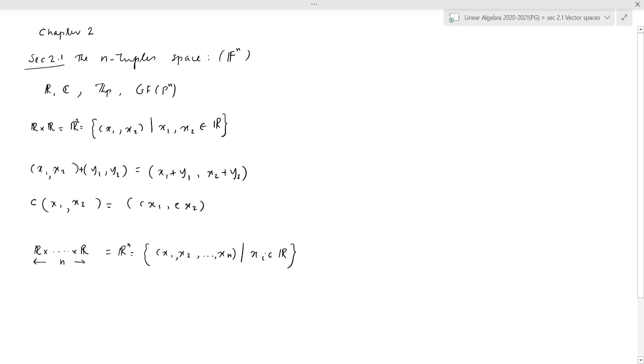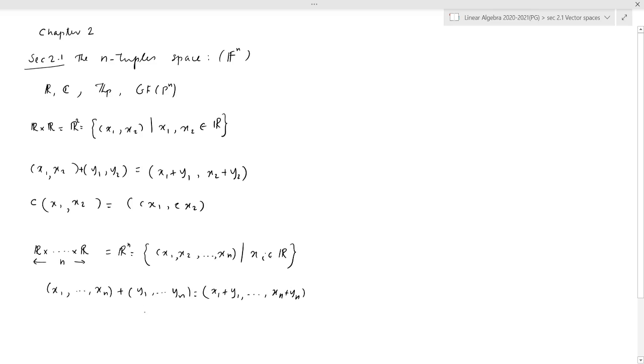The corresponding operation is, if we take two n tuples x1, x2, xn and y1, y2, yn, you can define a vector addition as above. The vector addition is the component-wise addition of its coordinates, that is x1 plus y1, x2 plus y2, etc., xn plus yn. So with respect to this, this is an Abelian group under addition.